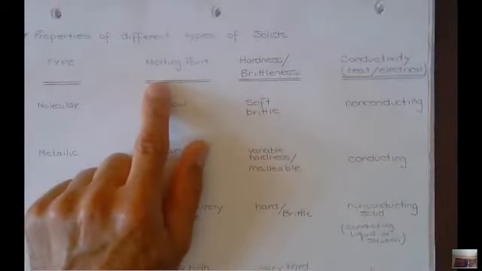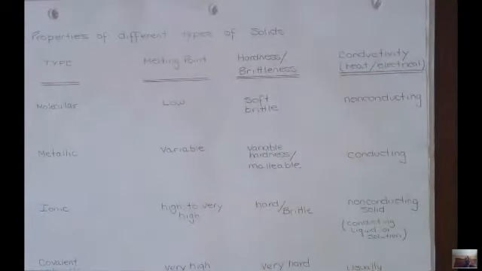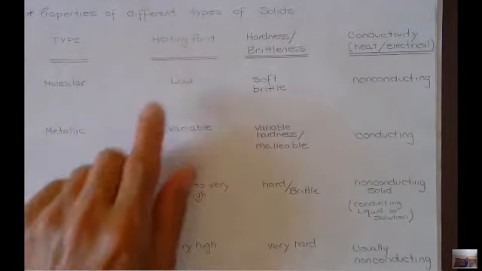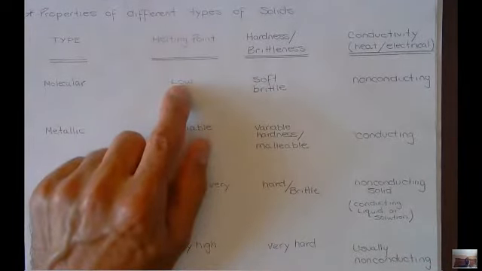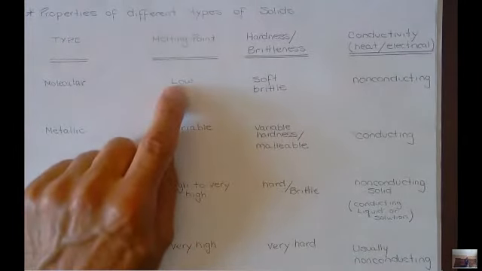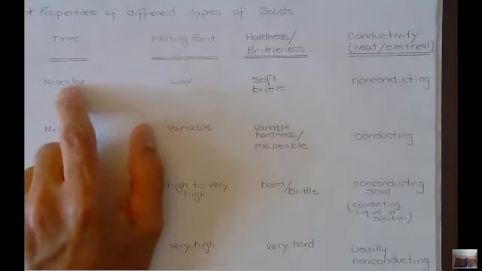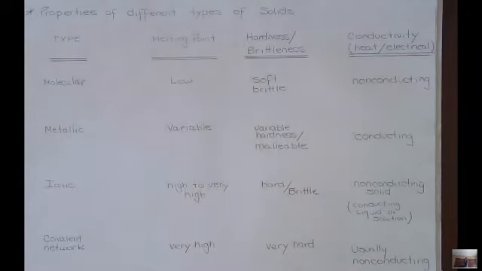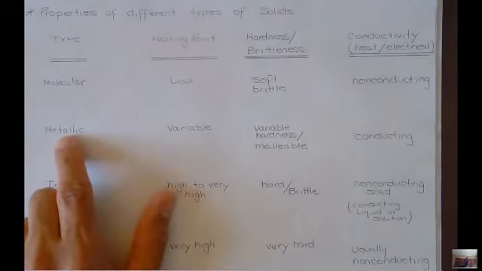Okay, what about their melting point? Well, remember, melting point is a representation of how easy it is to break the intermolecular forces between the molecules. So the lowest ones are going to be the molecular solids. Ice is very easy to melt. Solid oxygen is very easy to melt. It's already melted a long time ago at much lower temperatures. Okay, then the metallic solids.